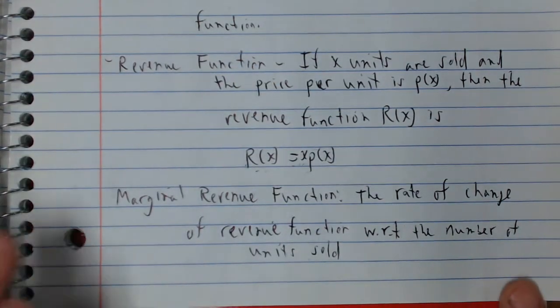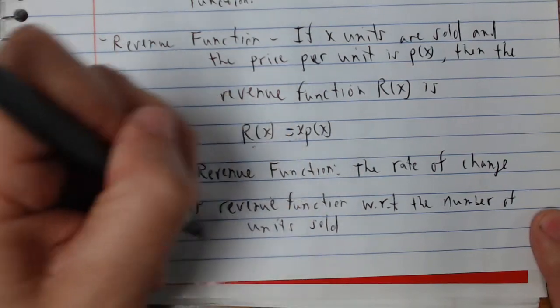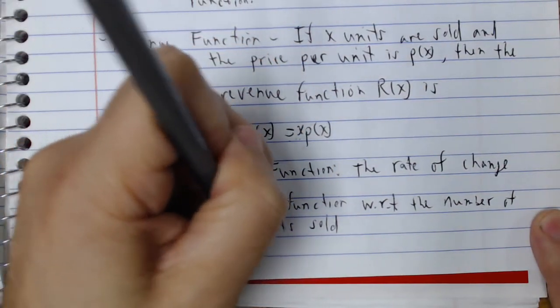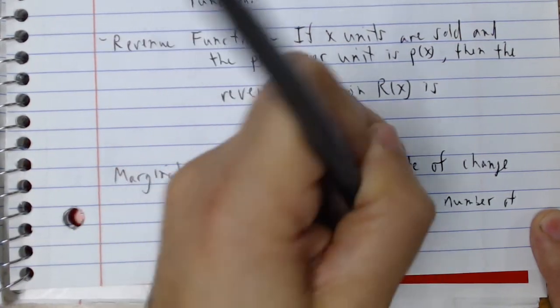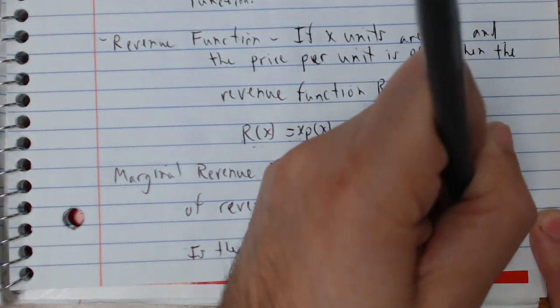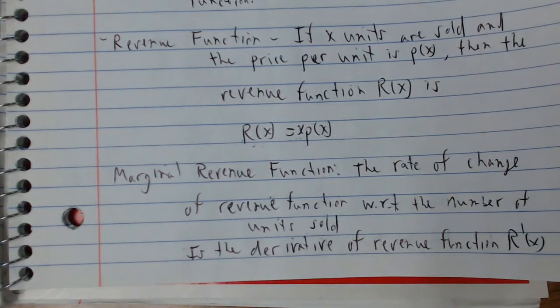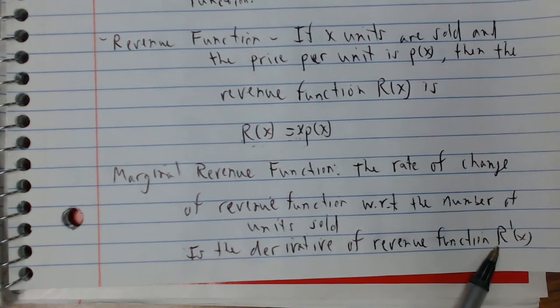In other words, it is the derivative of the revenue function, so it's just R prime of X. If you have the revenue function, then you can find the marginal revenue by taking its derivative.